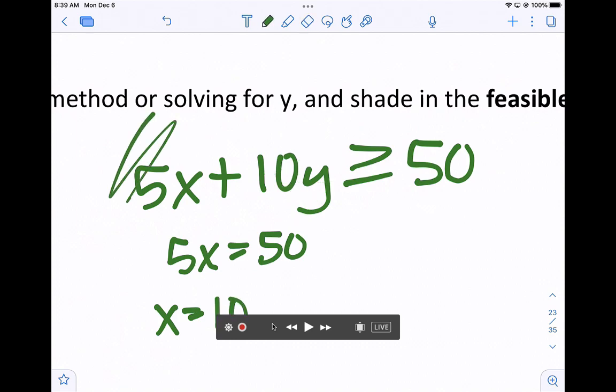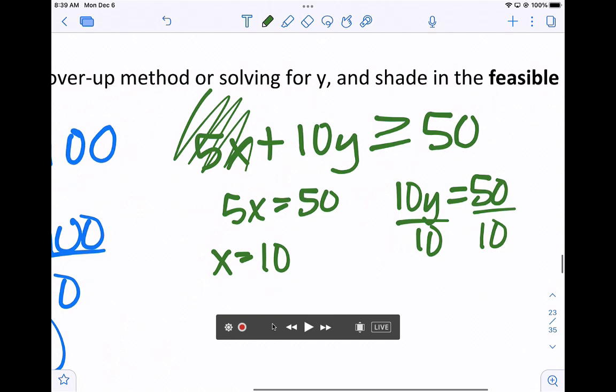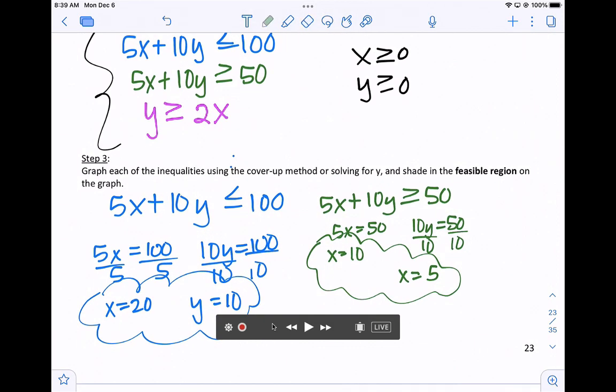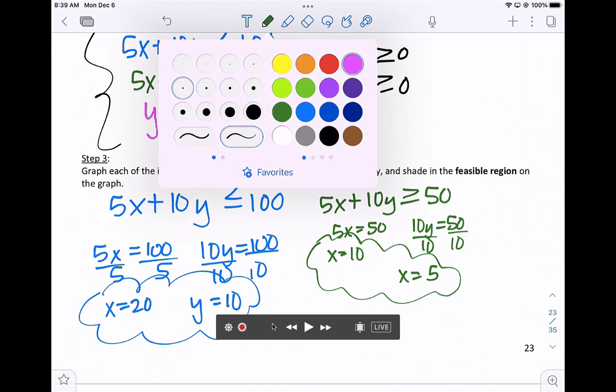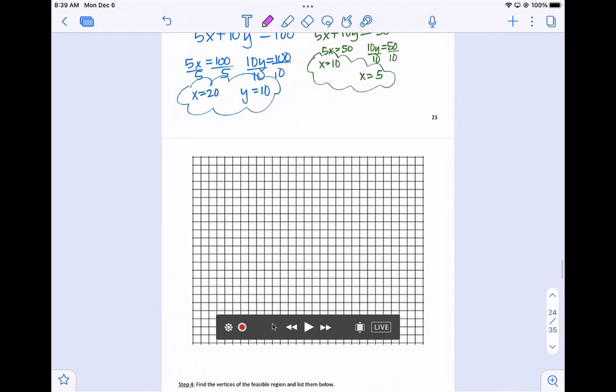Let's cover up the 5x, so we get 10y equals 50, divide each side by 10, so y equals 5. All right, so we need to graph at least these two points right here. And then our last inequality, y is greater than or equal to 2x, and that's a line that we can graph.